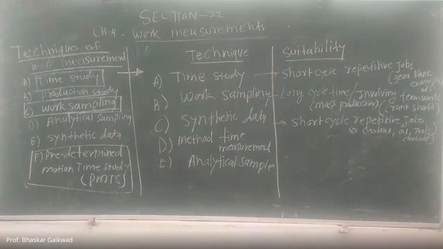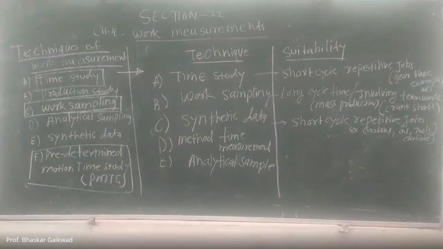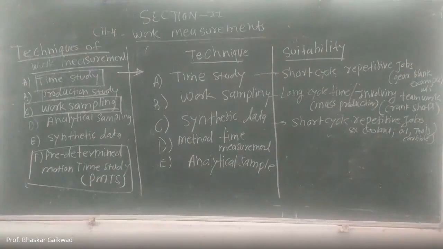In carbide tools, we require the powder of titanium, tungsten, vanadium, and by using the chemical compositions, and by pressing and heating, the tool gets manufactured. So the synthetic data is related to the chemical parts, just like coolant, oil, carbide tools. Here short cycle and repetitive job.